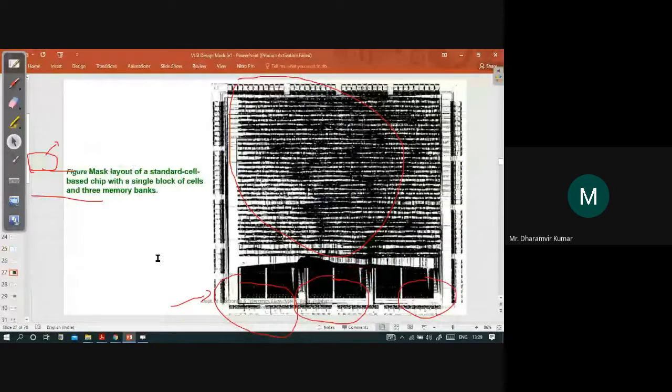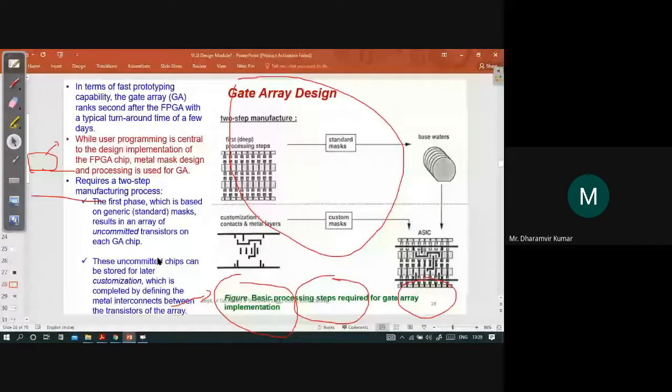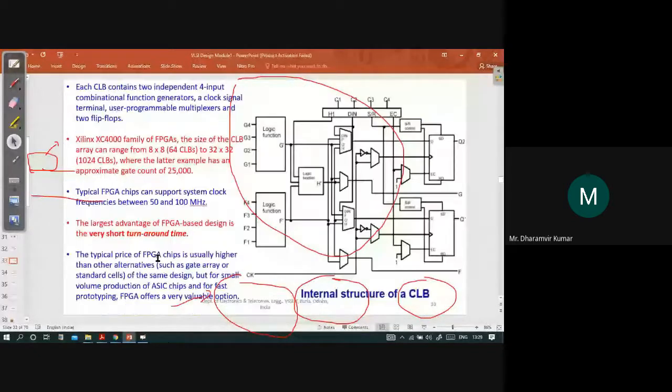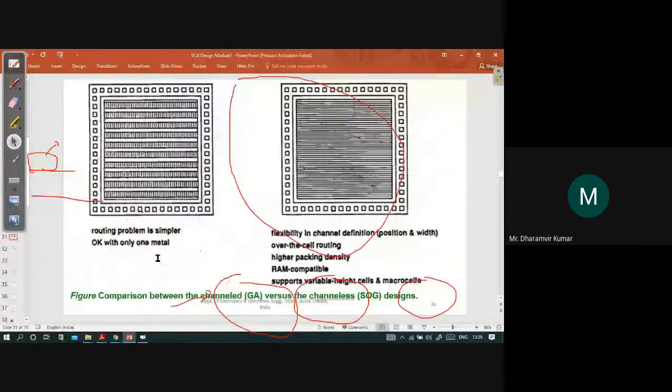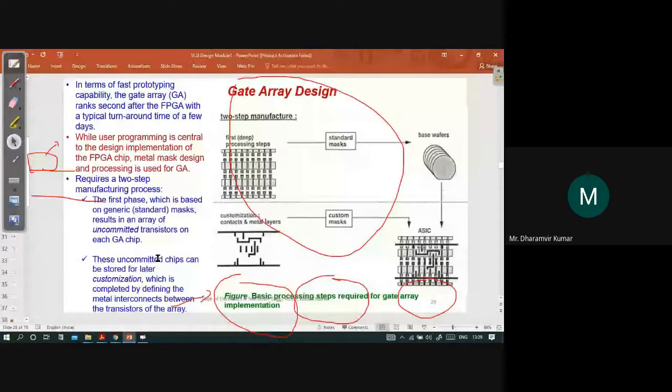You can also read about gate array design and FPGA based design methodology. But we will see these things in the next class.